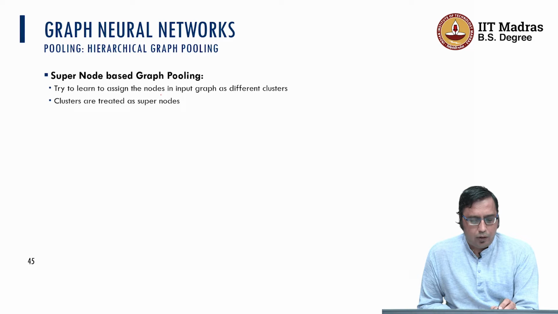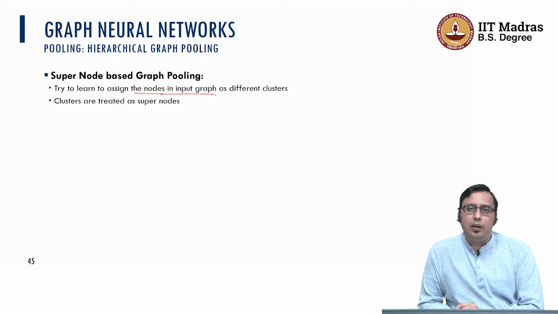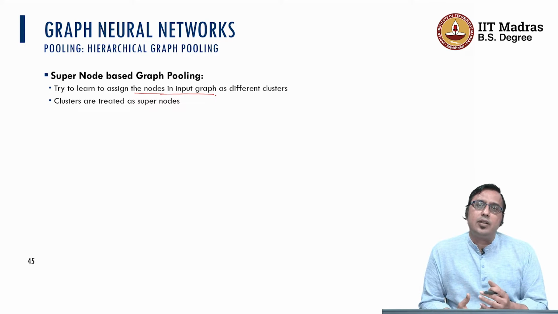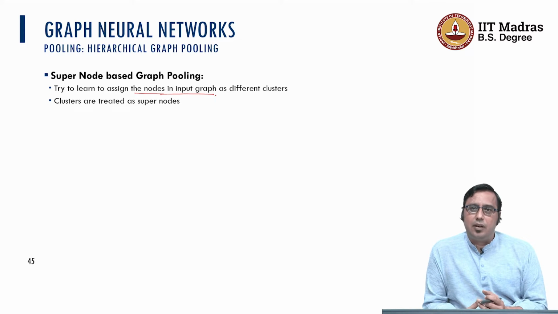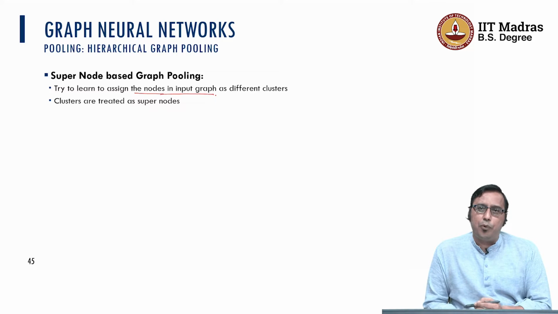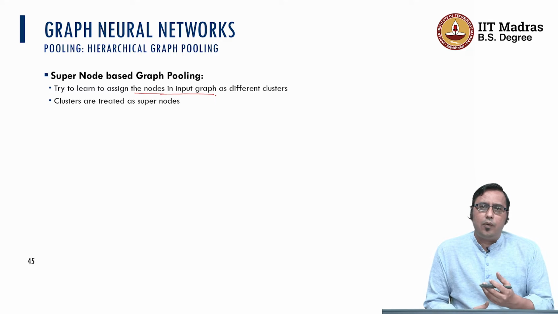a set of nodes in the input graph as a node, or create a set of different clusters of nodes. If you recall, in down sampling approaches, once we select the nodes, we discard the importance of other nodes.